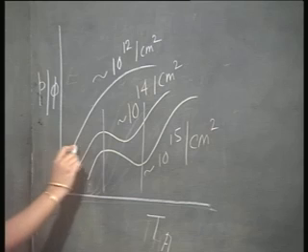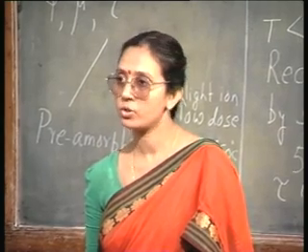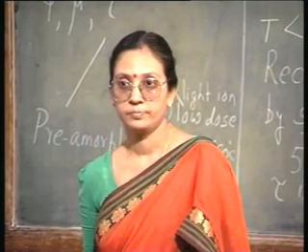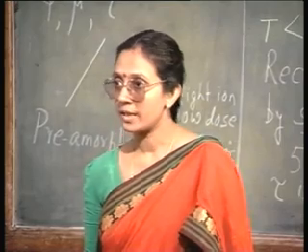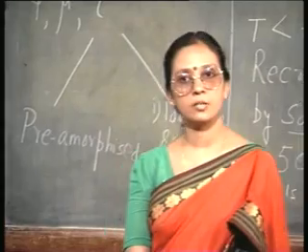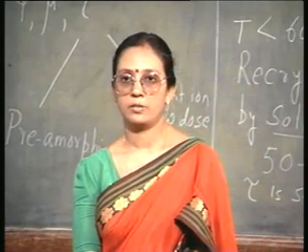What is happening in region 1? Region 1 is very straightforward. It is merely following what was happening in the low dose case, that is, as the annealing temperature increased, the carrier activation also increased. No problem. This is what you expect, right? As the temperature increases, the point defects are getting removed, carrier activation is increasing, expected behavior.